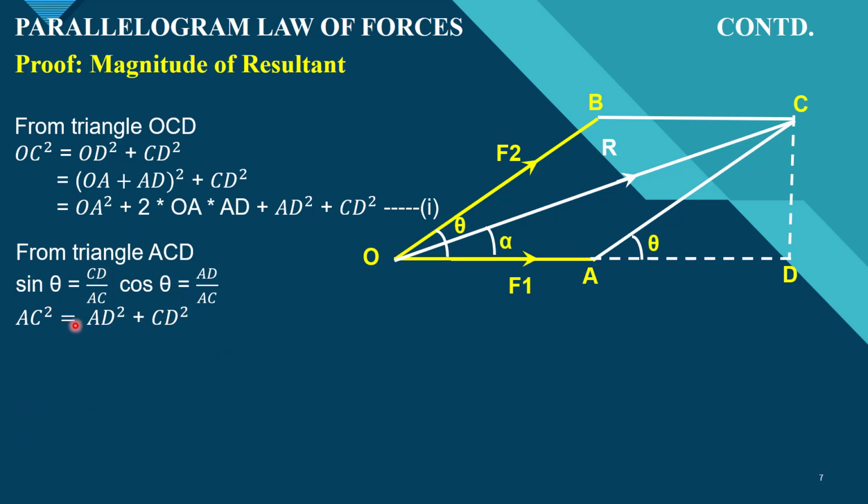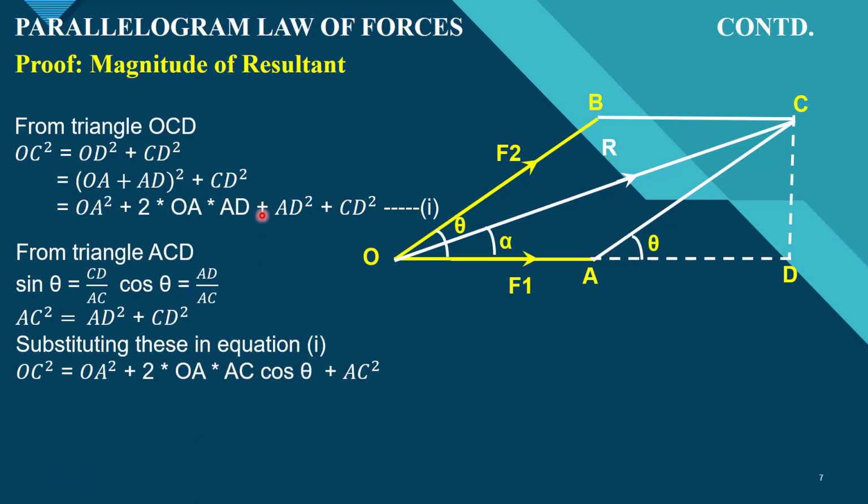Now, all these formulas can be substituted in our equation number 1. So our equation becomes OC square is equal to OA square plus 2 into OA into, instead of AD, we can write AC cos theta, right? From cos theta is equal to AD by AC, you can find out AD. AD will be AC into cos theta.